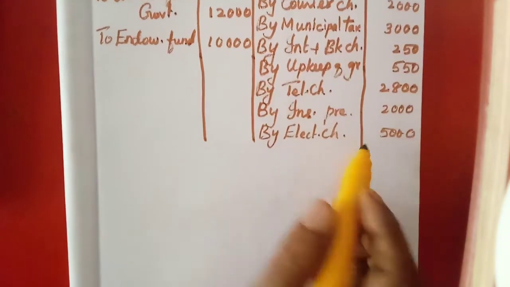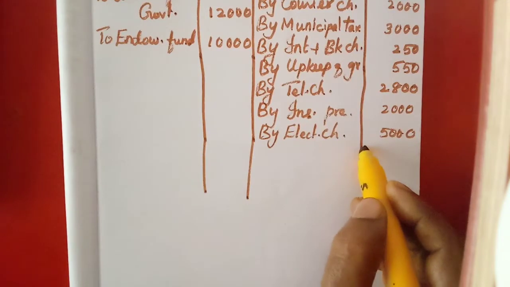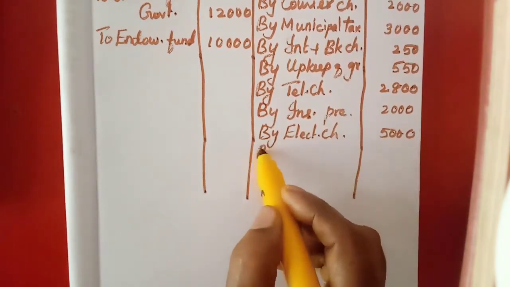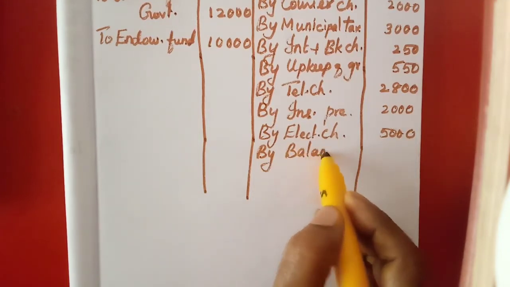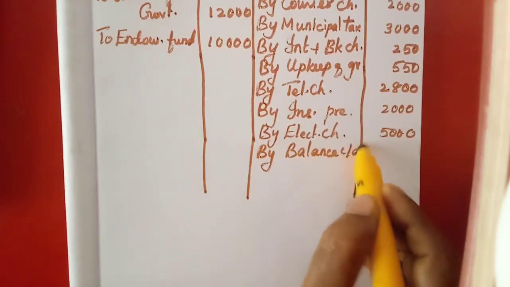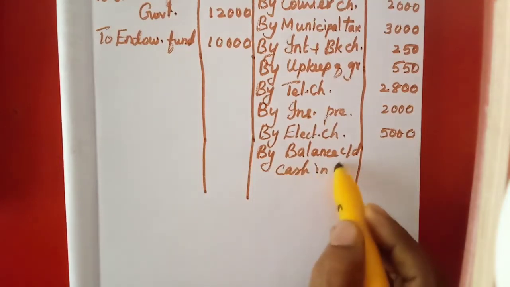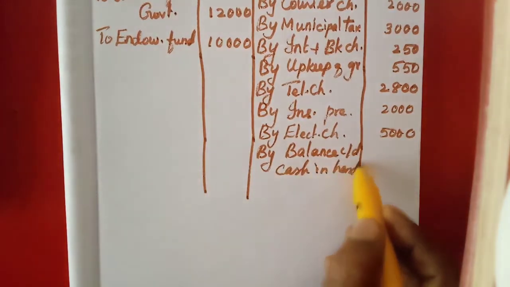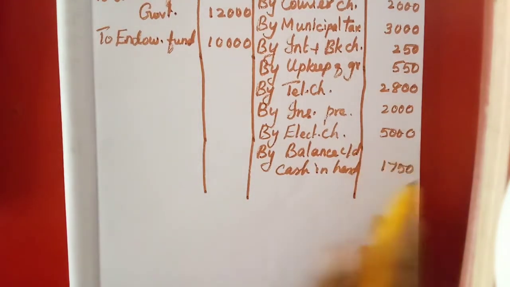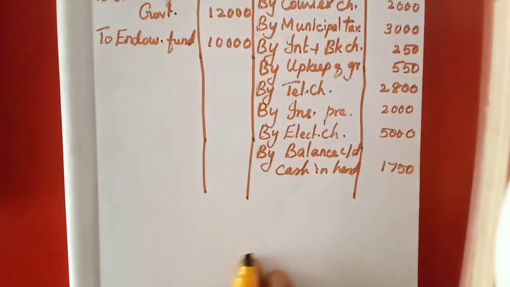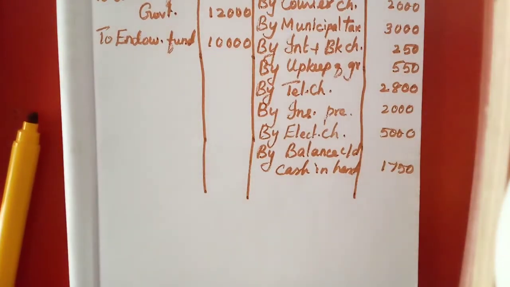Then the closing cash balance is given. By balance carried down, cash in hand, 1,750. Now we will add and check which side we will get the balance, whether it is bank balance or bank overdraft.